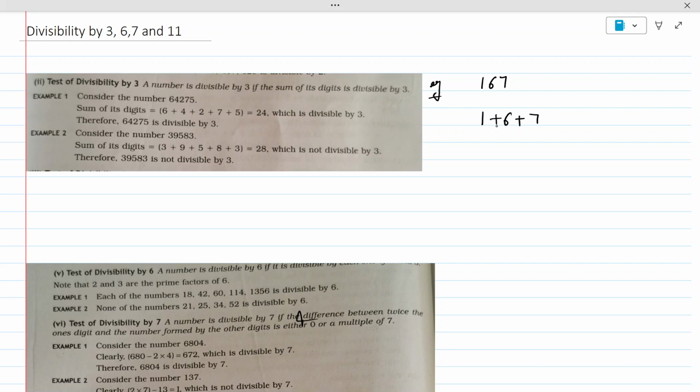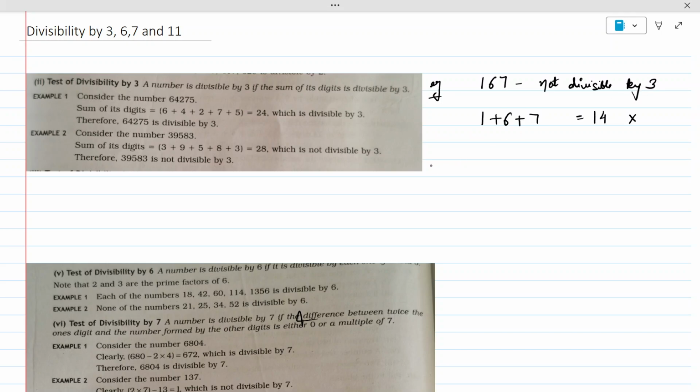This is 6 plus 1, 7, right? 7 plus 7 will give me 14. And we know that 14 is not a multiple of 3. It is not coming in the table of 3. So this complete number 167 is not divisible by 3.